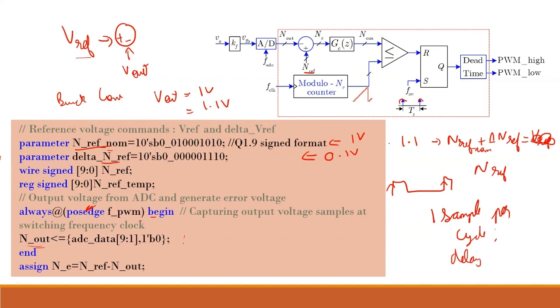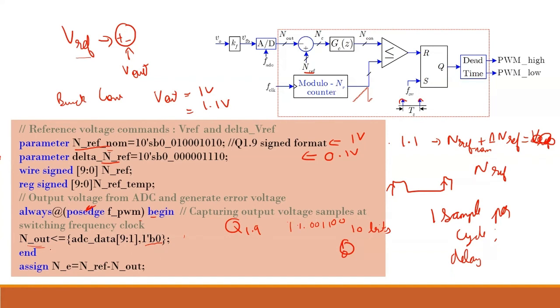Also, my ADC data is of the form Q1.9, so it would be like 1.00100 something, etc. Overall, it will have 10 bits. What this command is doing is the last bit could either be 1 or 0; it is ignoring whatever value the last bit could be, and it is giving it a value 0. 1 prime B means it is a 1-bit whose value is 0.